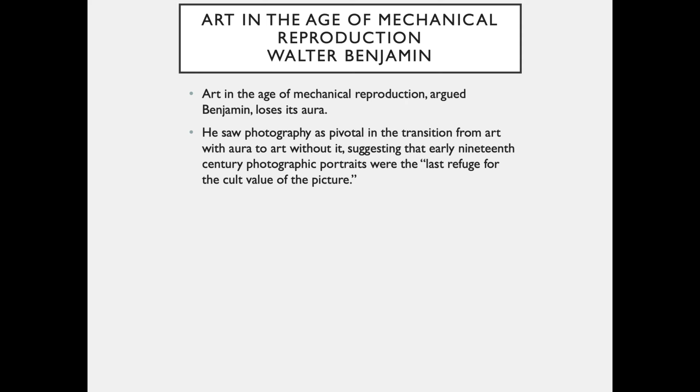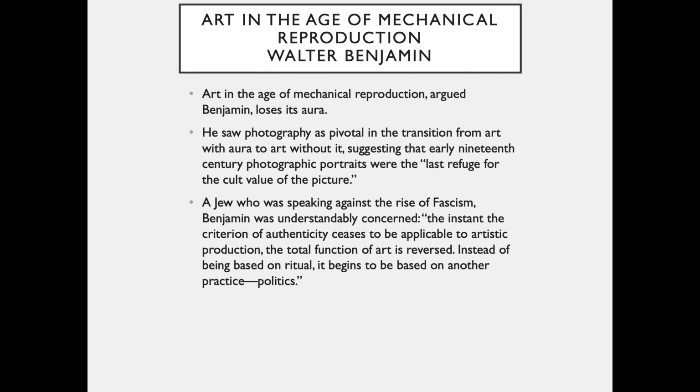He saw photography as pivotal in the transition from art with aura to art without it, suggesting that early 19th century photographic portraits were, quote, "the last refuge for the cult value of the picture." Benjamin was Jewish, a Jew who was speaking against the rise of fascism. So at the time he was writing, he was very opposed to the rise of fascism.